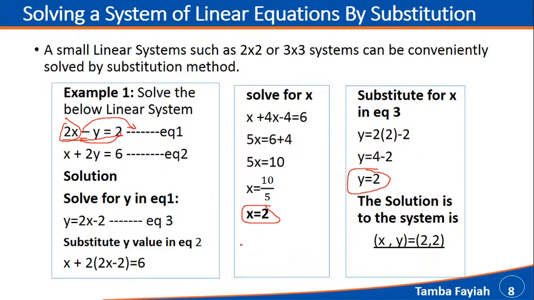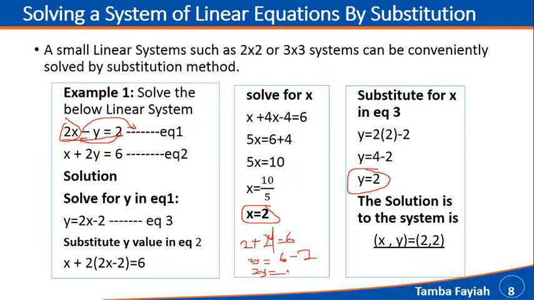So this will give me 2 plus 2y equals 6. So I will get 2y equals 6 minus 2.